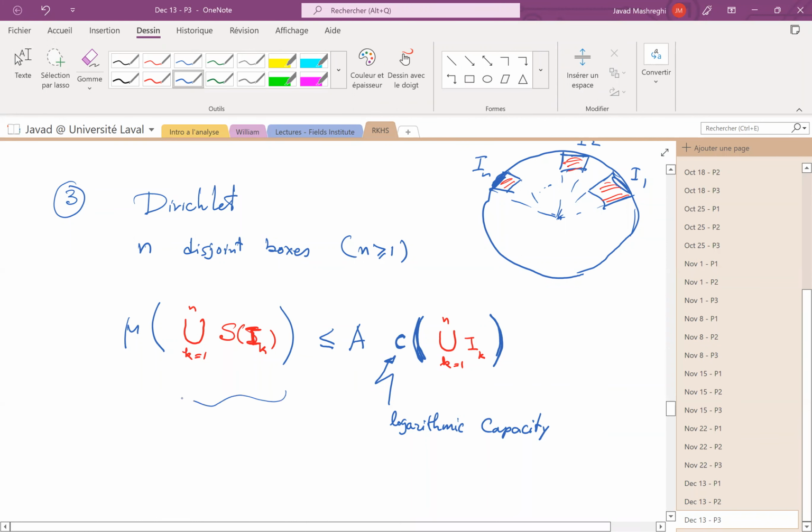Here on the left side, of course, we can write the sum over k from 1 up to n of mu of S of Ik. That's okay because they are disjoint and we have a measure. We have this identity. But for the capacity, don't even think about it. I mean, I would even say absolutely not.